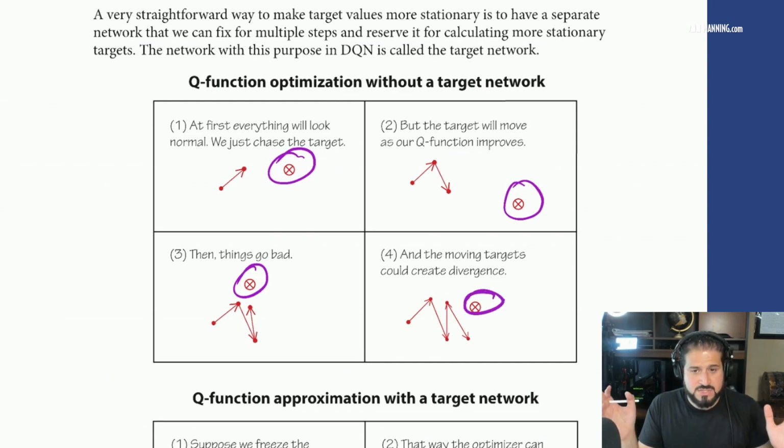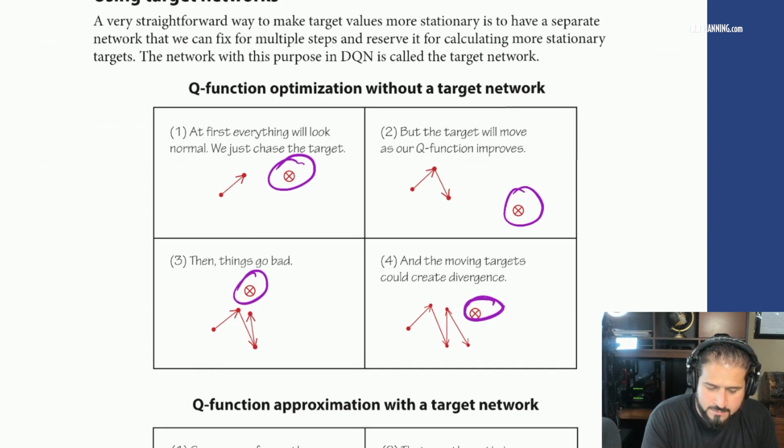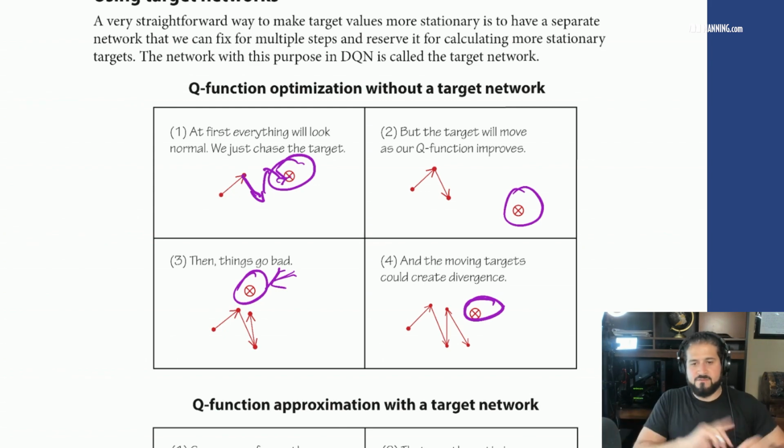So the target is non-stationary. Bad idea. Your training is going to actually try to go towards the target, right? So the training ideally would go here, then get closer and closer and then hit the target. But then this thing just changed all of a sudden here, and the training just starts flipping back and forth. It's spiraling around, divergence. End of the world. How do we solve it?